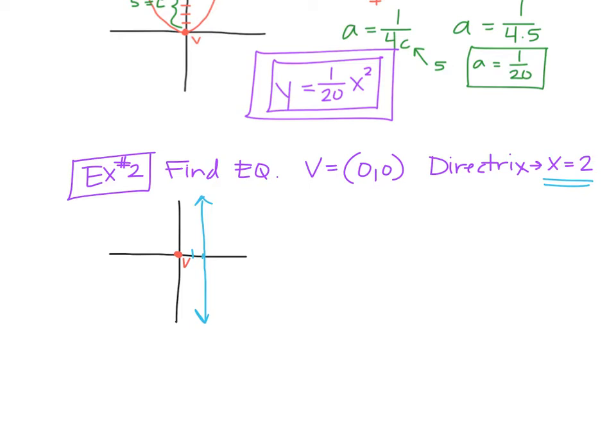So what we're trying to figure out, first of all, is where would our parabola go? If it cannot hit the directrix, which it cannot, the only way it could open would be like this, which means our focus is over here somewhere. And if you look at this setup, the distance to the directrix has to be the same as the distance to the focus.